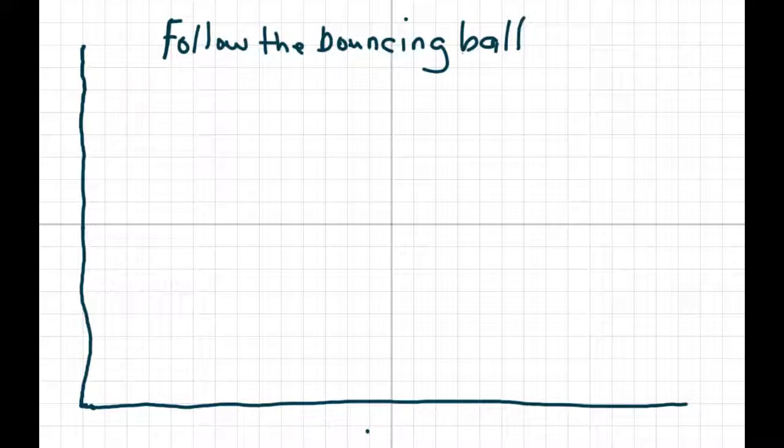It says at that point, the ball bounces back half its height from which it's dropped. So we're going to bounce back up to 80 feet. And from there, it says the ball continues to bounce, and each time, it's about half its height.